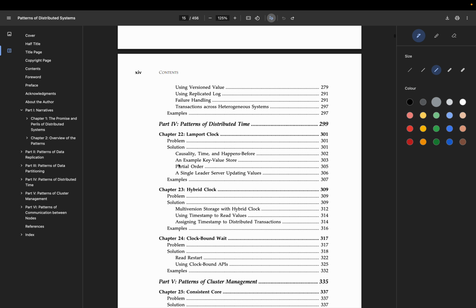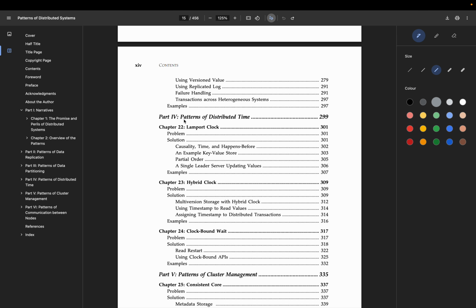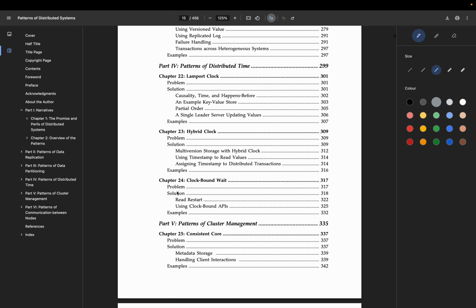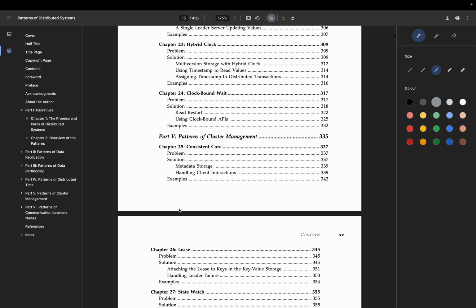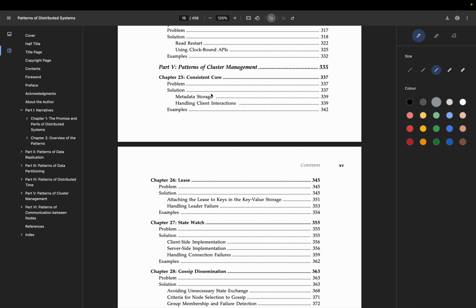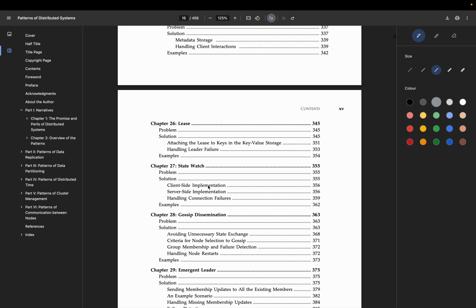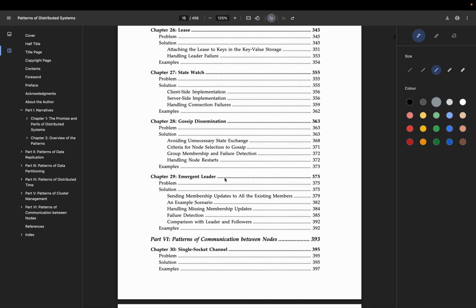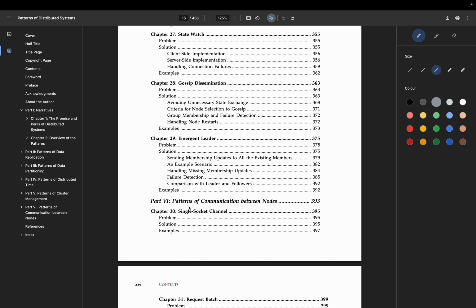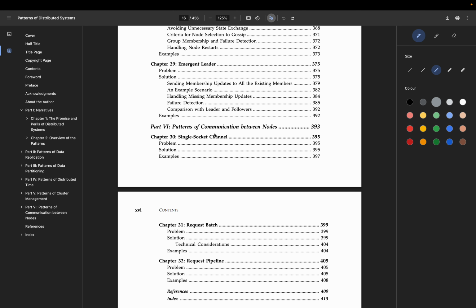Then in the fourth part, we have patterns on distributed time, like Lamport clock, hybrid clock, and clock-bound wait. Then we have patterns on cluster management, like consistent core, lease, state watch, and gossip dissemination. Then we have patterns on communication between nodes, how communication happens from one node to another node.